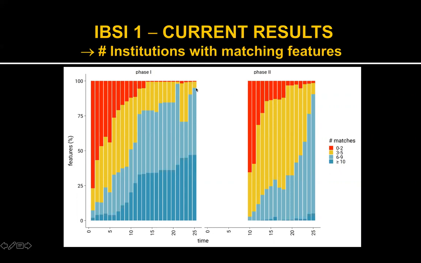The important thing is that we managed to have at least between 6 and 9 institutions that matched almost 200 of the features for phase 1 and 85% for phase 2. So that's the iteration over time that led us to a better consensus between features calculated from phase 1 and phase 2. This is all described basically in the radiology manuscript.